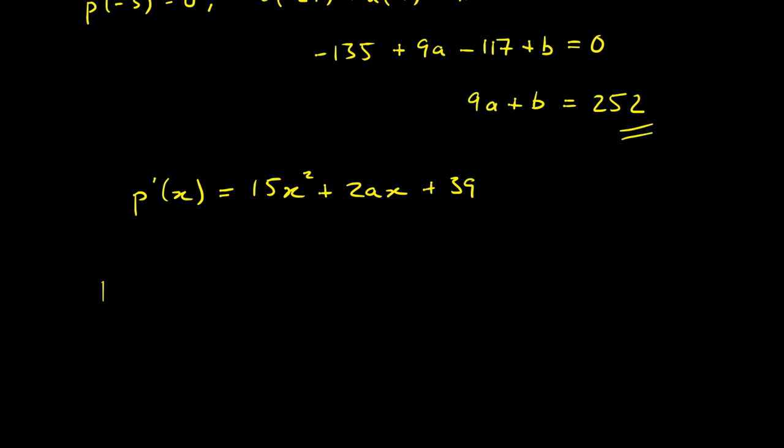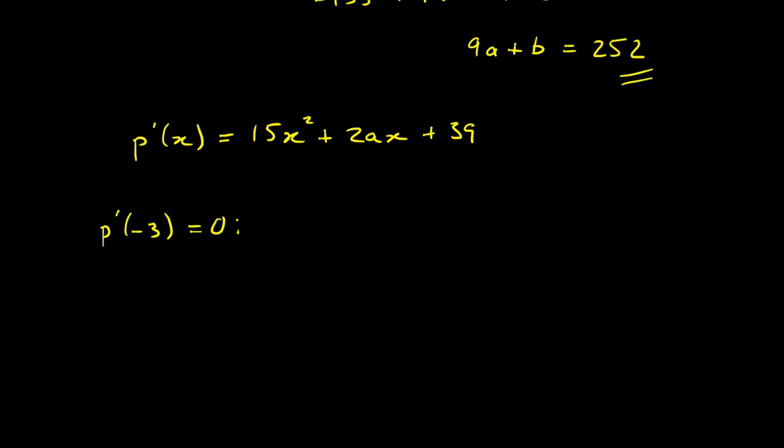So I can write that p prime of negative 3 is equal to 0. So if I substitute in negative 3 into that, I'm going to get 15 times negative 3 squared, which is 9, plus 2 times negative 3. So it's actually going to be negative 6a plus 39 is equal to 0.